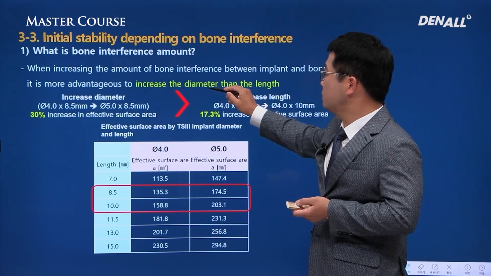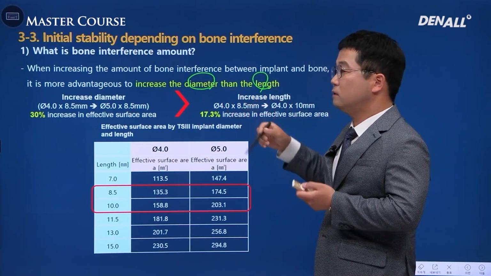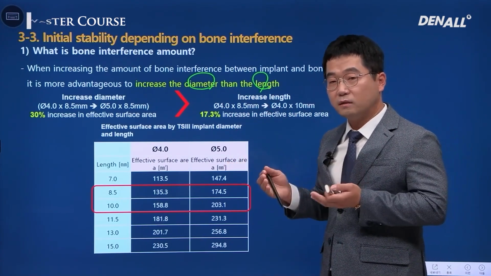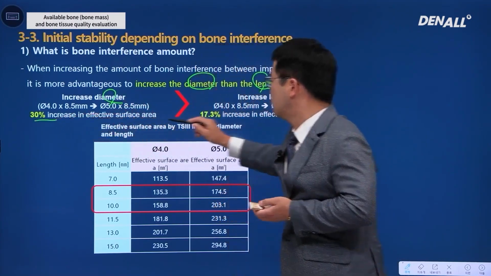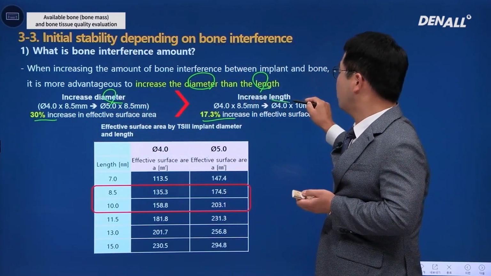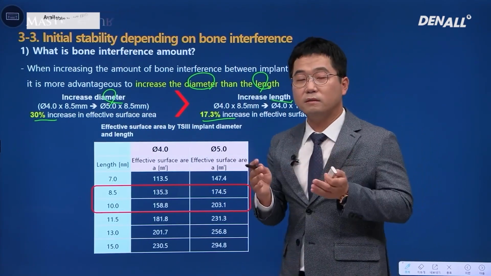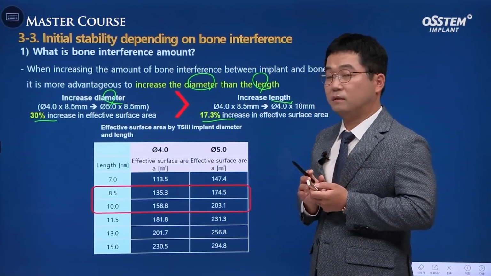How much would bone interference increase if we increase the diameter or length of an implant? If you increase the diameter, the amount of bone interference increases more. In order to get better primary stability, it is more favorable to increase diameter than length.